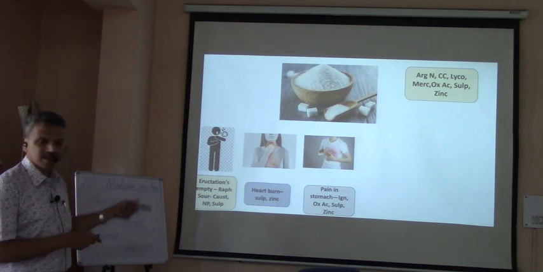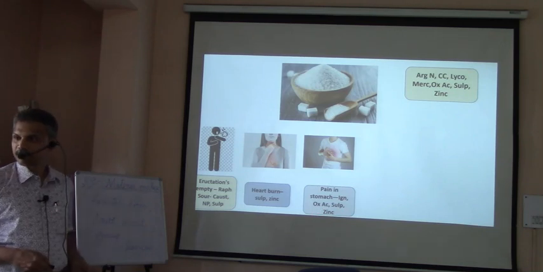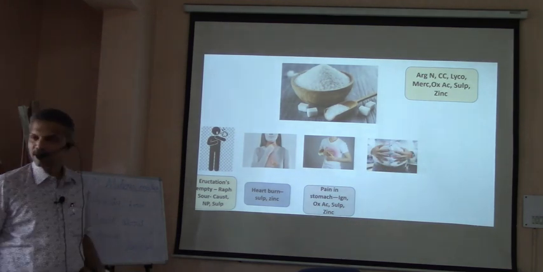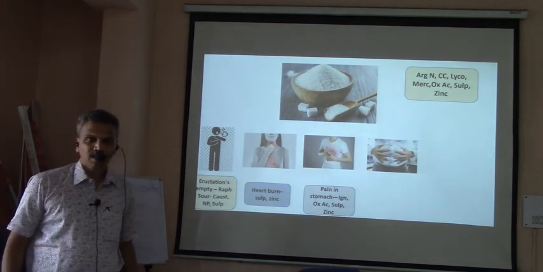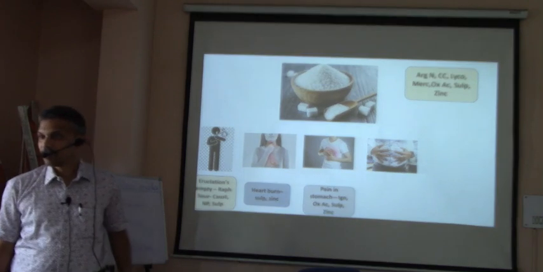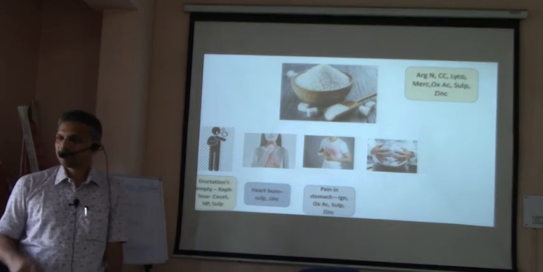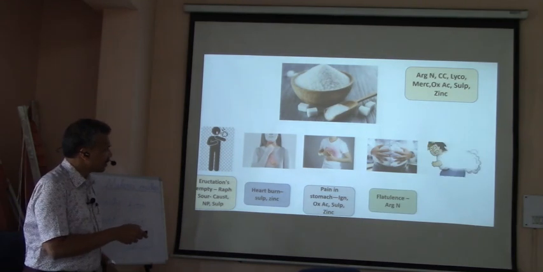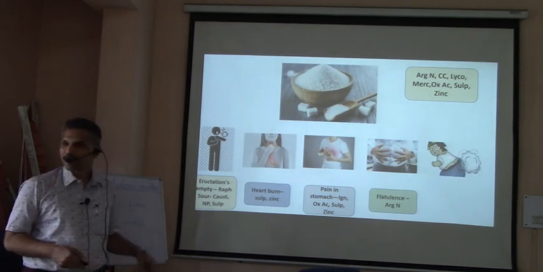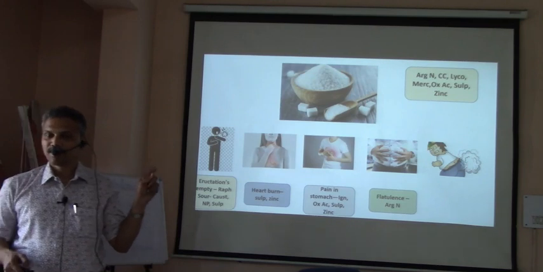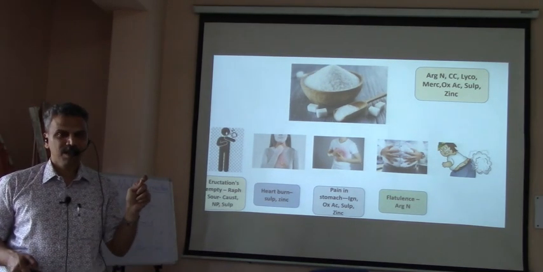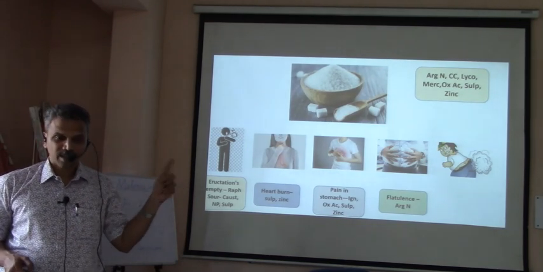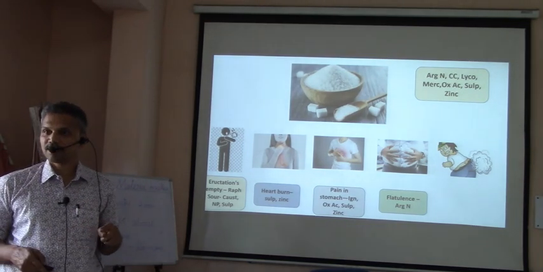Oxalic acid, sulfur and zincum. Okay. And any wild guess which is a remedy which can cause flatulence? Only remedy is argentum metallicum. Okay. And if the person is passing loud flatus after eating sugar, again the only remedy is argentum.